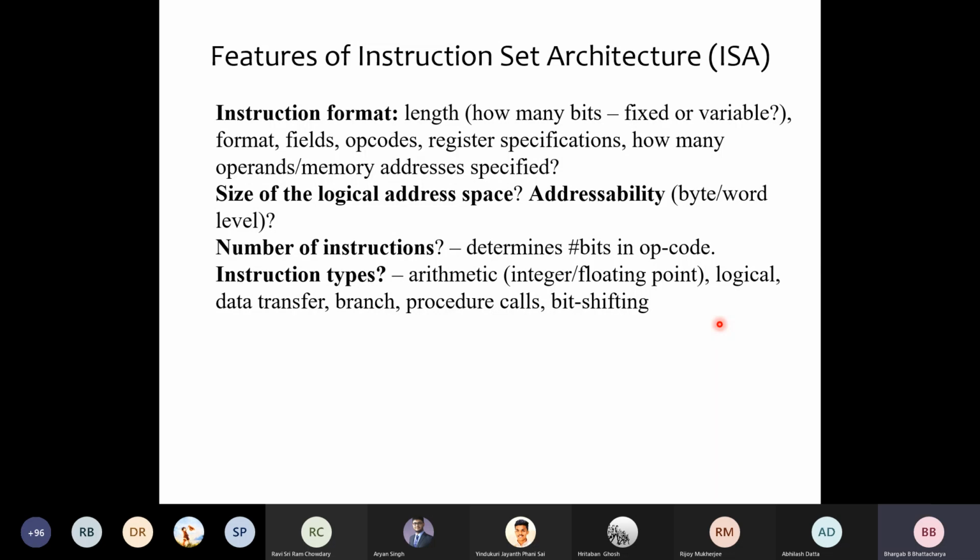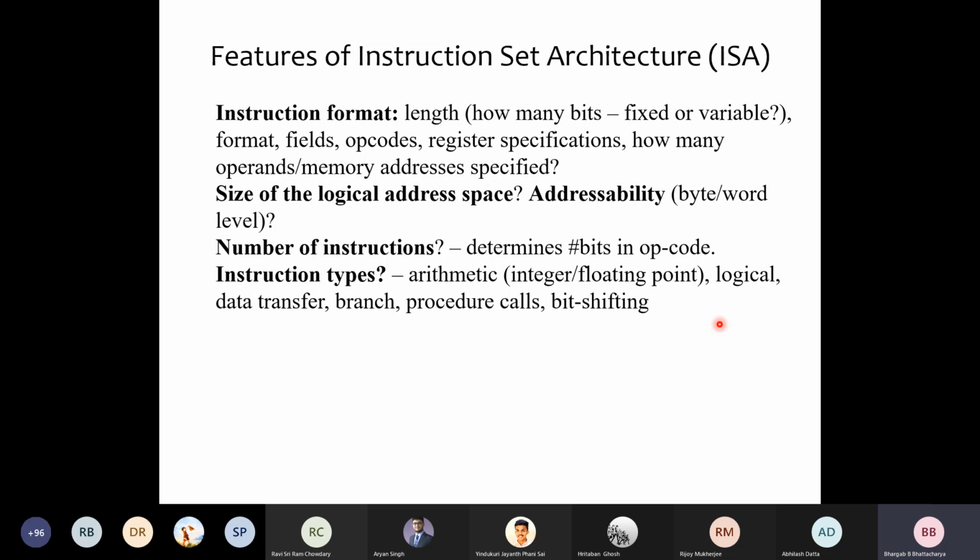What are the different instruction types that you need to decide while designing the instruction set architecture? There must be some arithmetic operations. It should include integer operation, floating point operation. There should be logical operations like performing bit by bit ANDing, ORing, XOR, and so on. Data transfer: load data from memory to the CPU side, store data from the CPU side to memory.